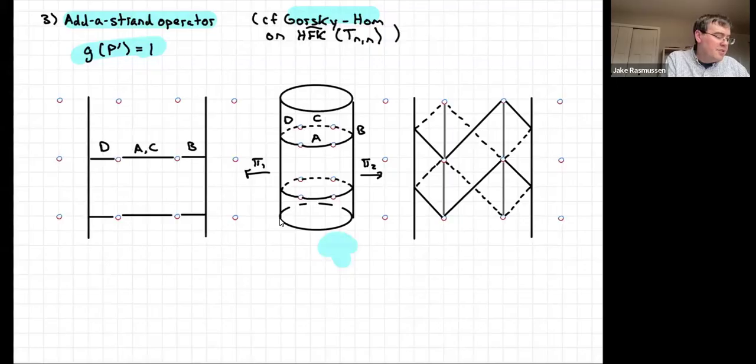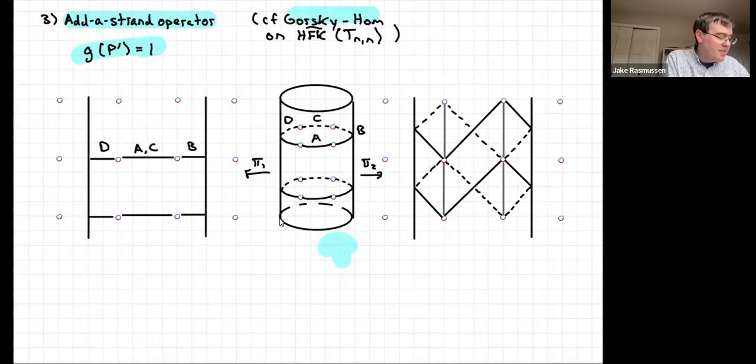Very similar to what happened in the tube cutting operator, the map pi1 over to this cover of the punctured torus takes the cylinder, moves it over here and squashes it flat onto the plane.